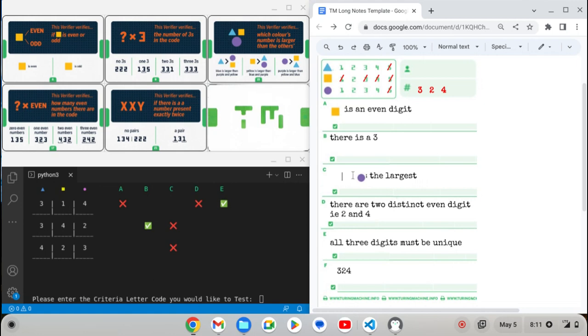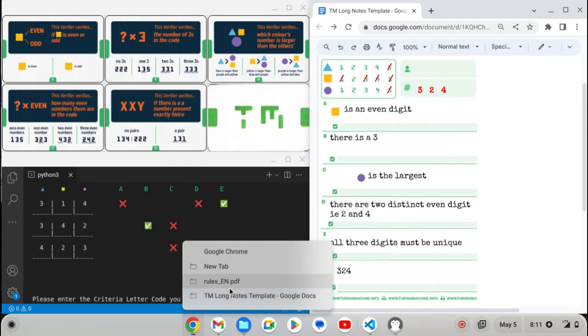We know that circle is the largest, and yes, it's 4. Again, we deduced that there should be only 2 evens since there is a 3. So there are 2 evens and an odd digit, and they're all unique. I feel confident that 3, 2, 4 is our solution.